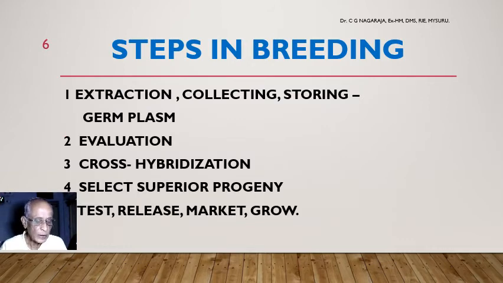Okay, now we come to a place where we know something about breeding. We know the types of breeding. Now let us see how many steps there are in breeding, normally how many steps a scientist will have to follow. The first one is the extraction, collecting and storing of germplasm. We will explain what germplasm is in the next PPT.